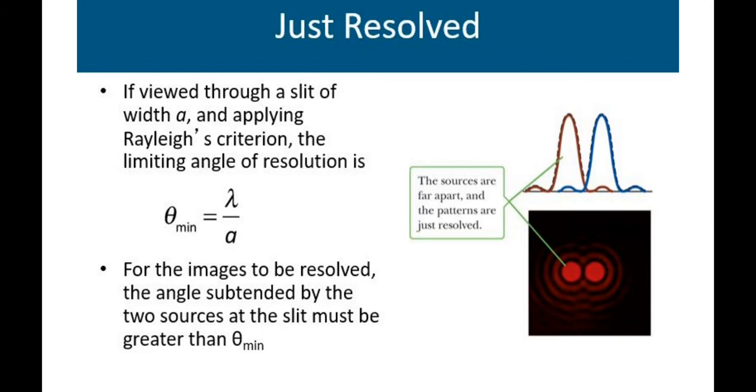The limit of the minimum angle at which we can distinguish the position of two objects is lambda divided by a, where a is the size of the aperture, or if it is a slit, the width of the slit.